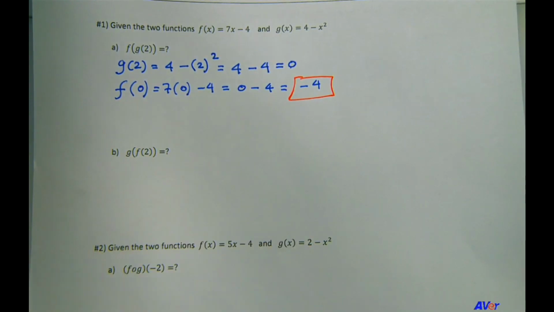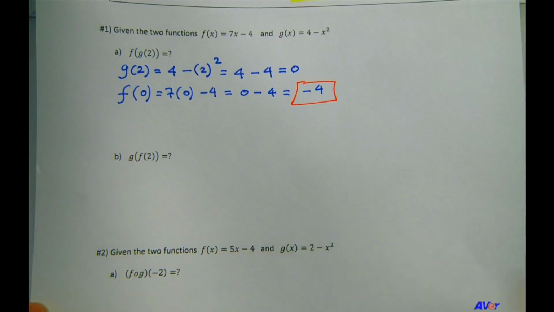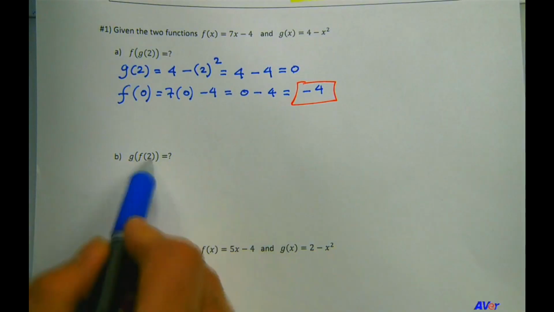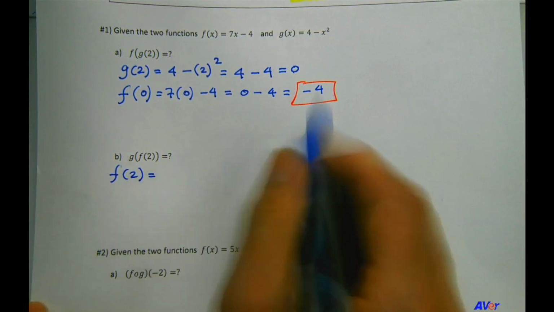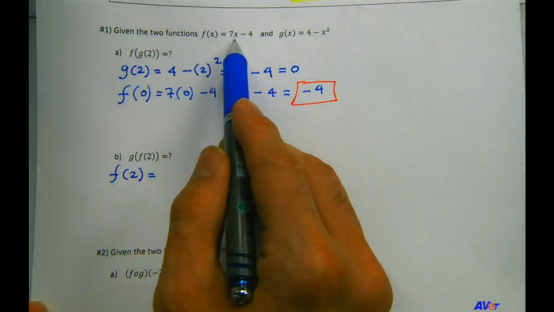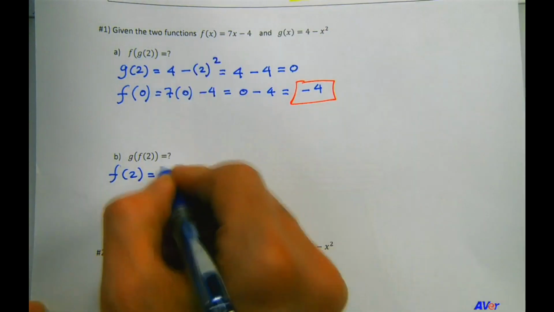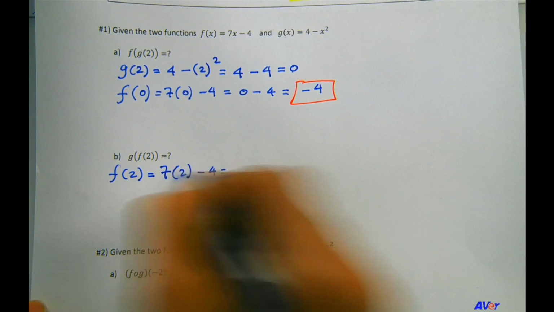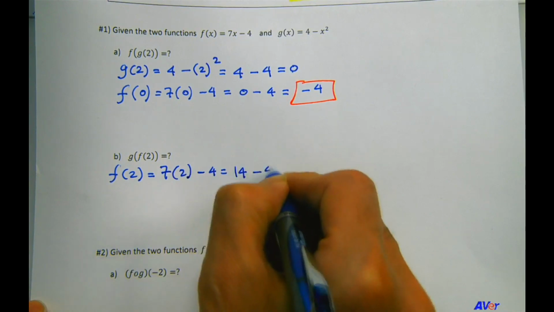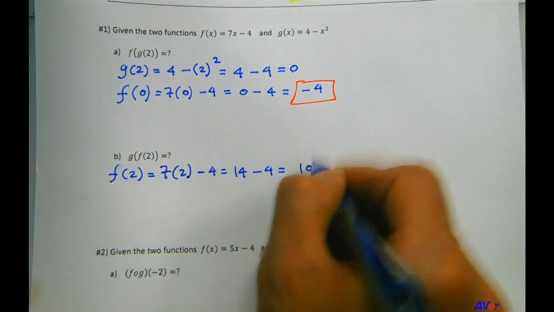So let's do that. So I'm going to evaluate f at 2. Function f at 2 is 7 times 2 minus 4. So that is 14 minus 4 equals 10.